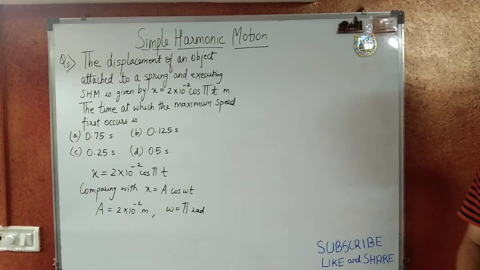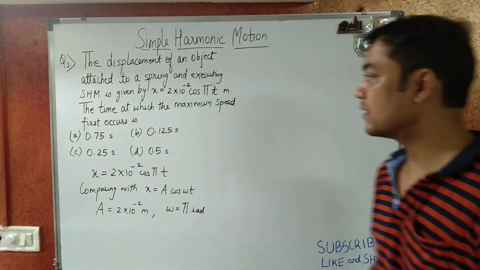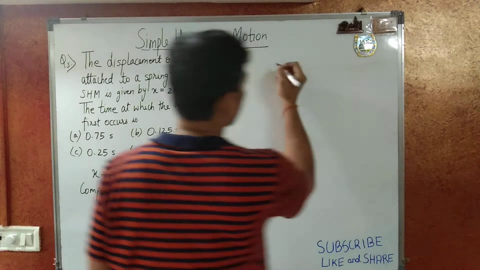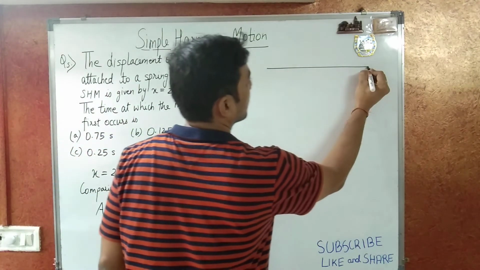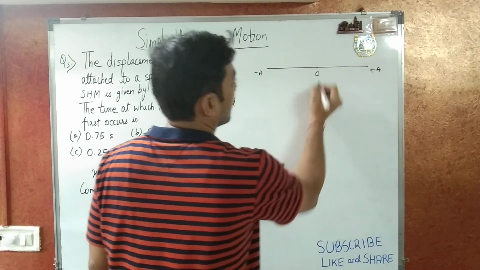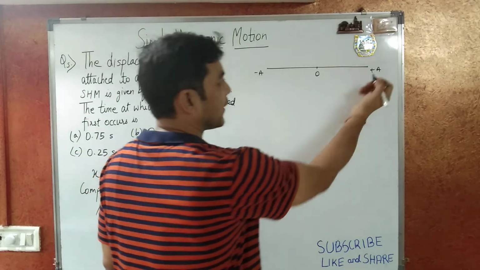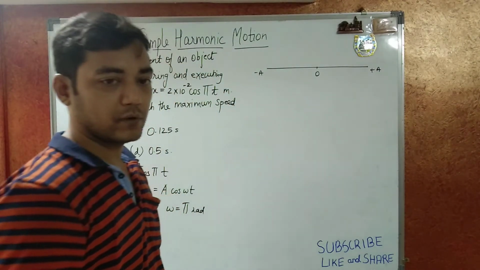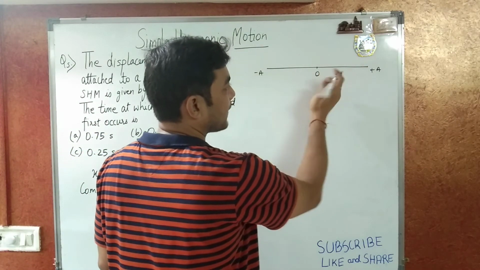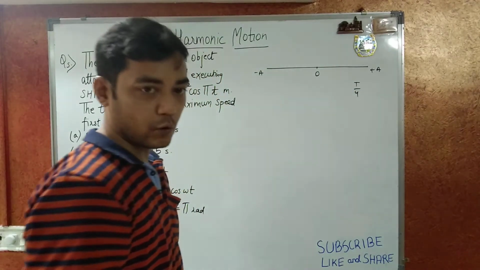Now I have to find the time at which maximum speed first occurs. Just to give you an idea: we know that if an object starts from, let's say, this extreme position, the amount of time it will take to come to the mean position will be T by 4.